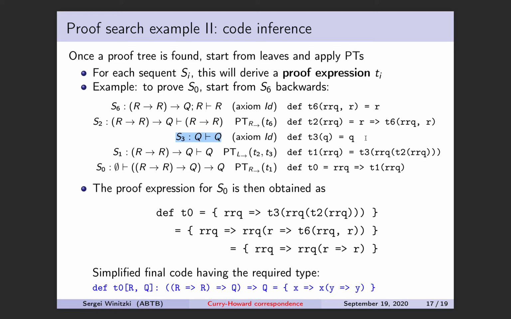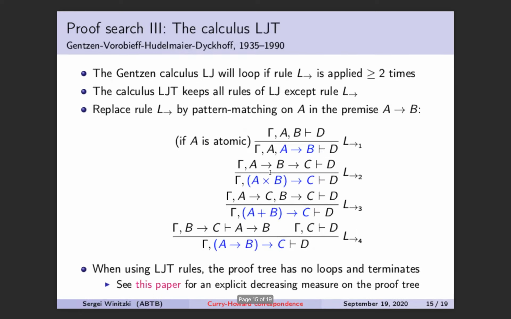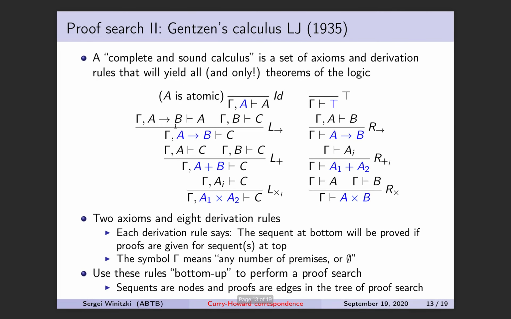We also needed to prove S3, which is this proof expression. Finally, we use the left implication rule, which is going to be this, applied to T2 and T3. If I remind you that the left implication rule has two sequents that it needs before it can prove this one.